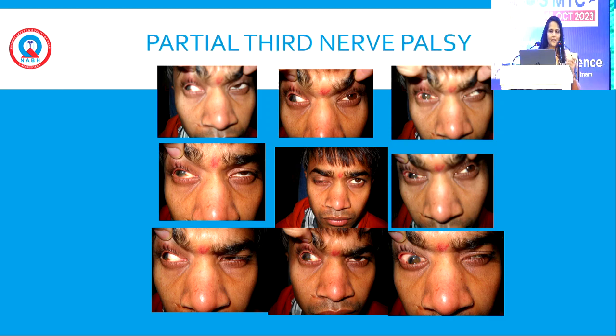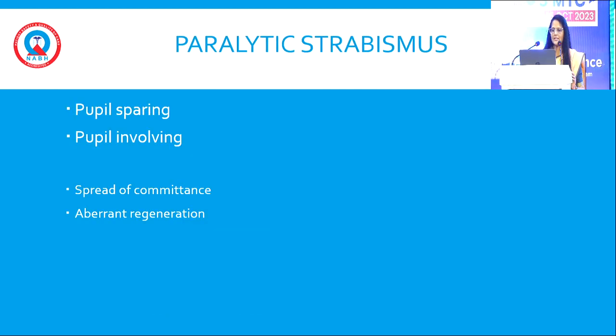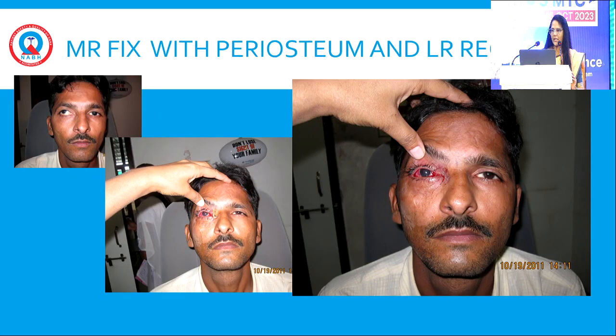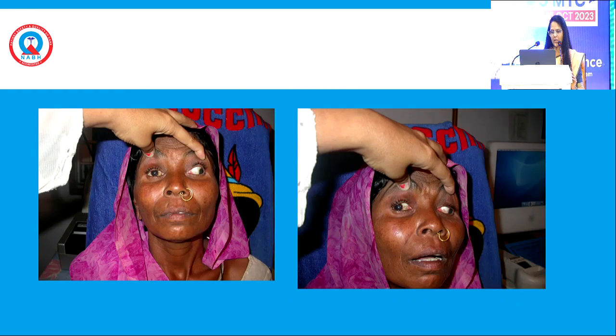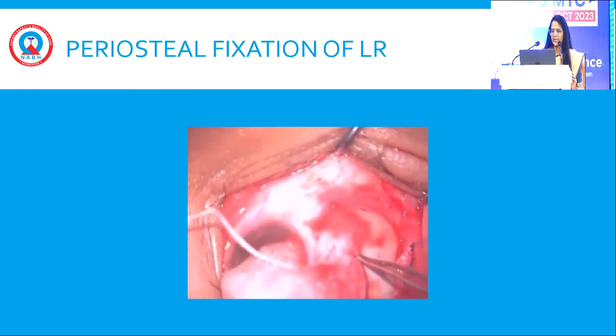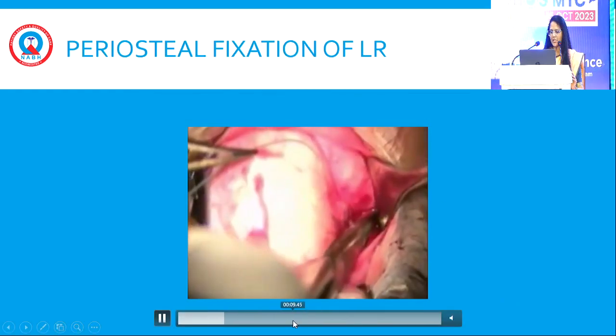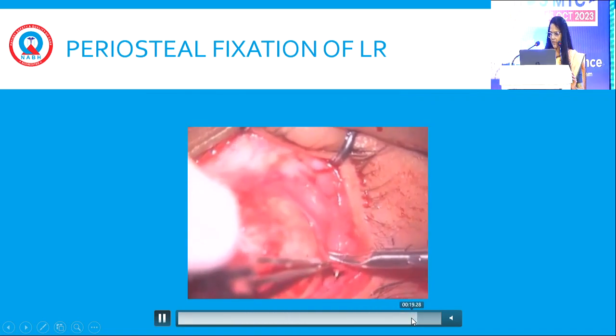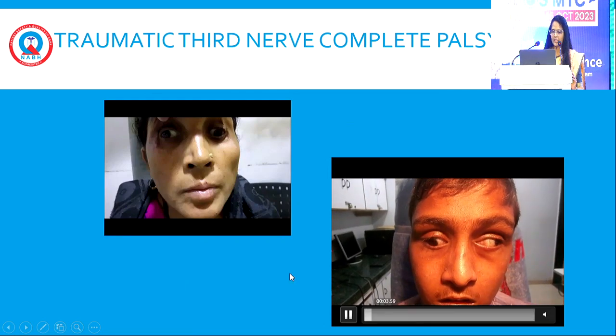I can? Okay. So this is a partial third nerve palsy. Again, pupil sparing and pupil involving, you have to take care of that. MR fixation and periosteum to the LR is the treatment of choice. So here we are showing the periosteal fixation of lateral rectus, and that works very well when it is long-standing third nerve palsy.